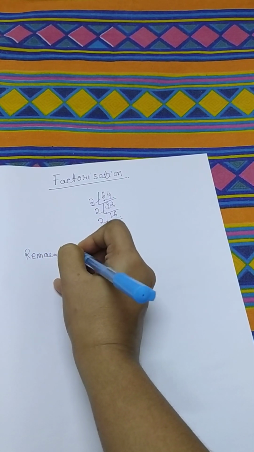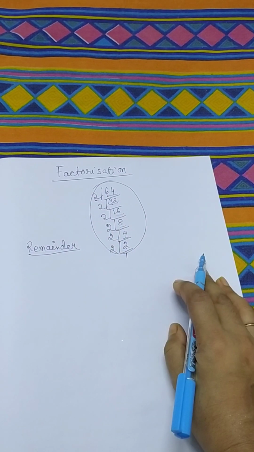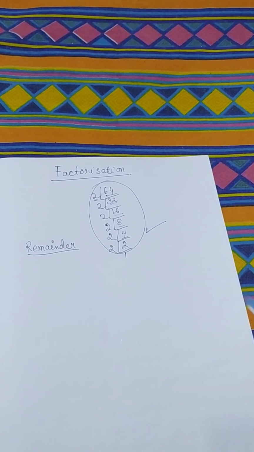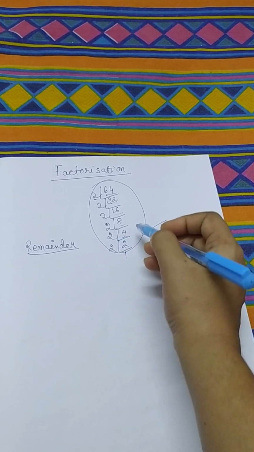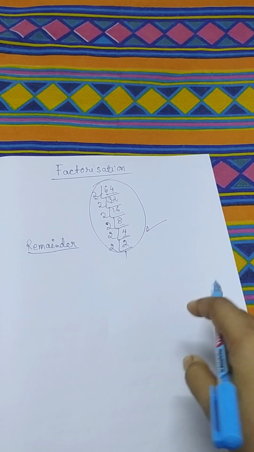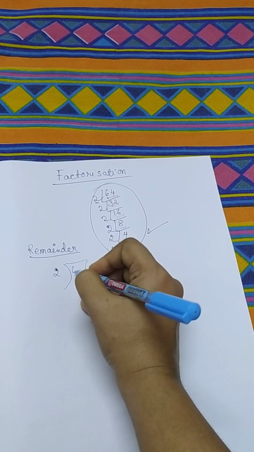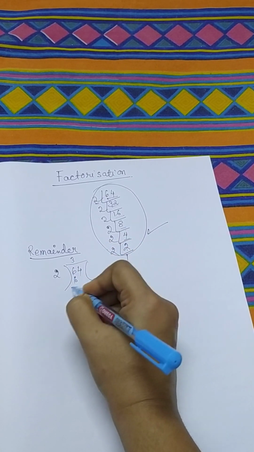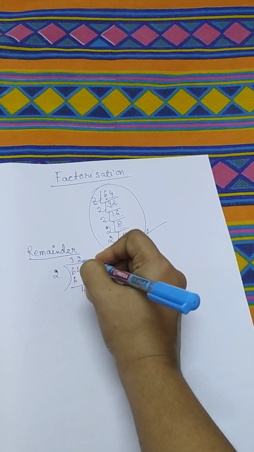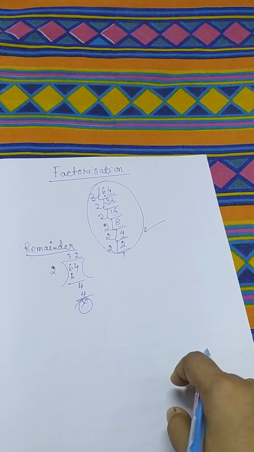That means, in case of factorization, if it fulfills the idea of factorization, there will be no remainder if I divide 64 by 2.